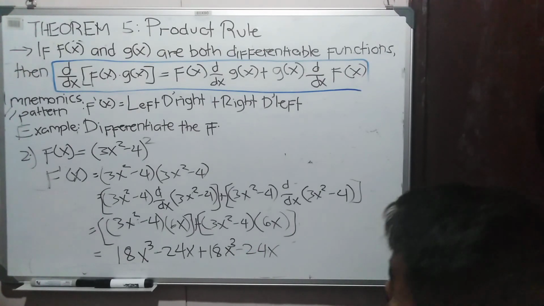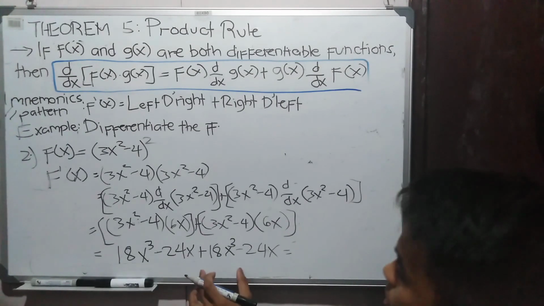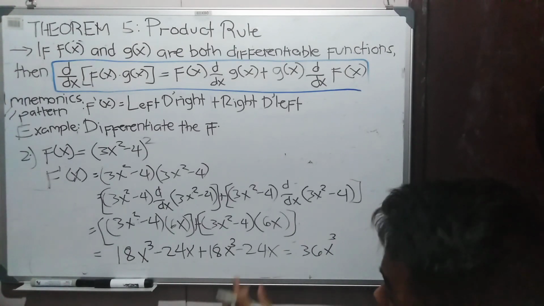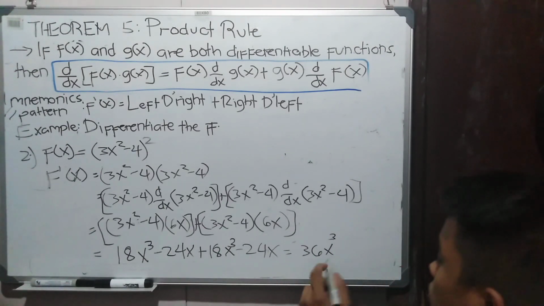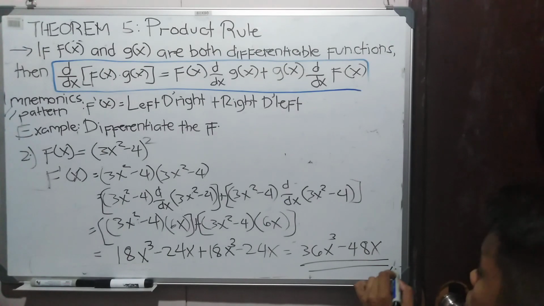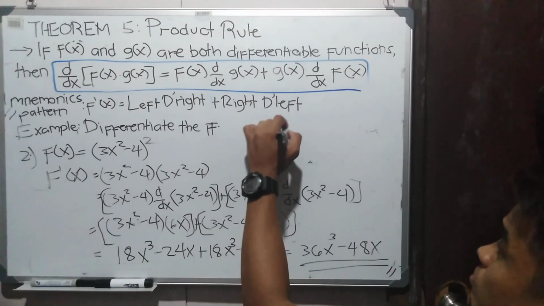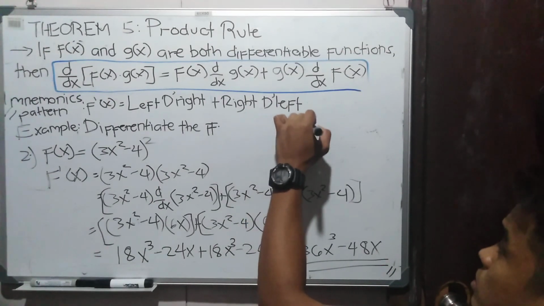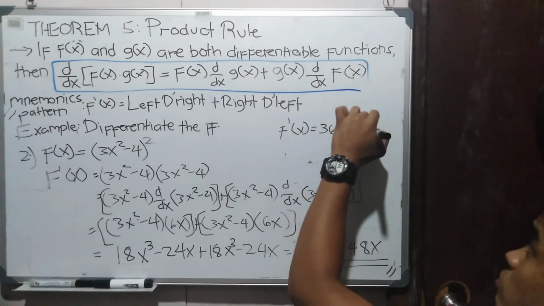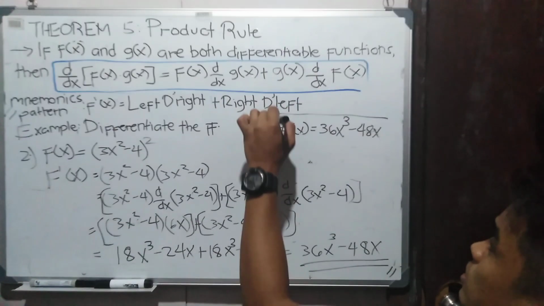Then, combining like terms, obviously, it will become 18x cubed plus 18x cubed is 36x cubed. Then, negative 24x plus negative 24x will be negative 48x. Okay, so this will be your final answer. So, the final answer is f prime of x is equal to 36x cubed minus 48x.